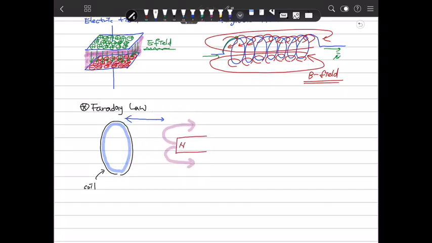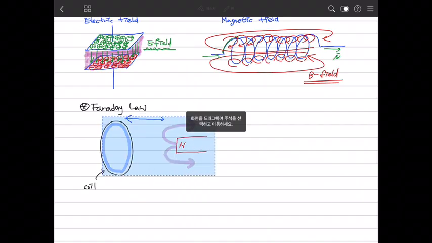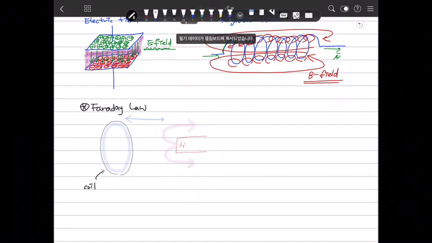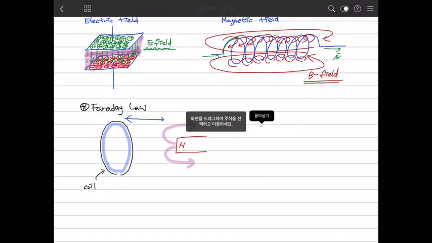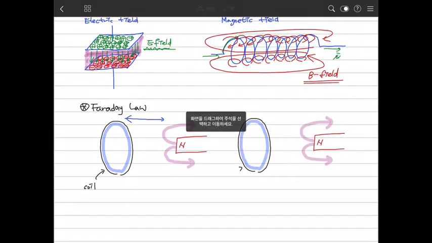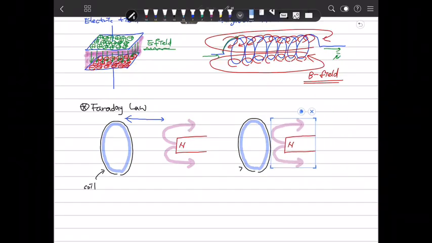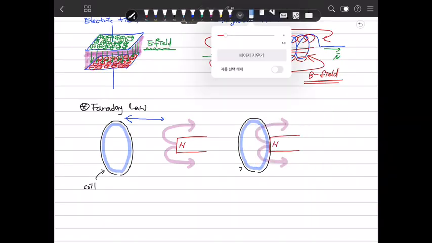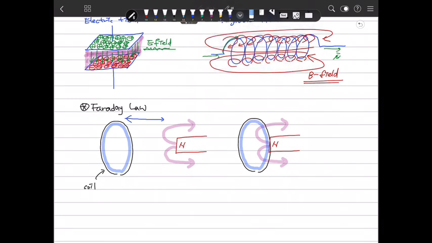For some reason, I don't know the exact reason, the magnet moves in here. It's just like that. In this instant, in the loop, the flux is increased.